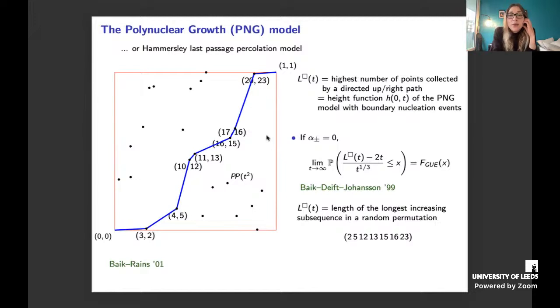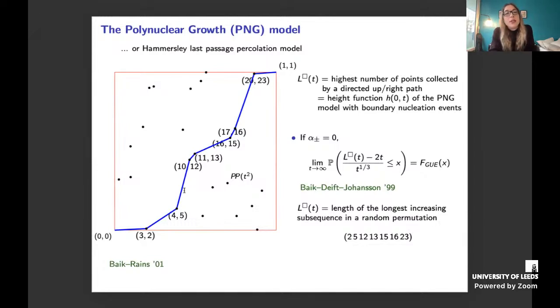L of t will correspond to the length of the longest increasing subsequence in this random permutation. Here, for example, if I counted well, this should be the corresponding increasing subsequence that corresponds to the longest path.